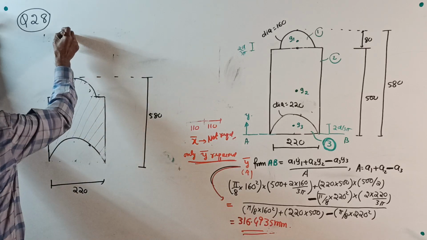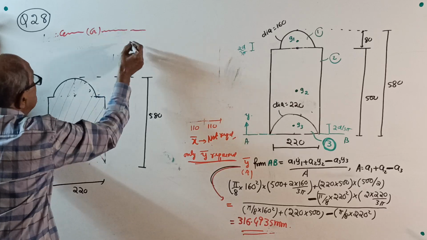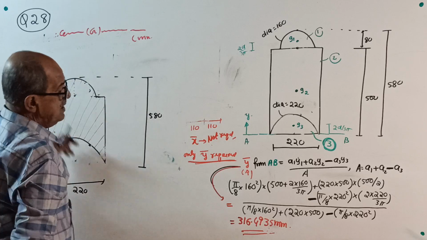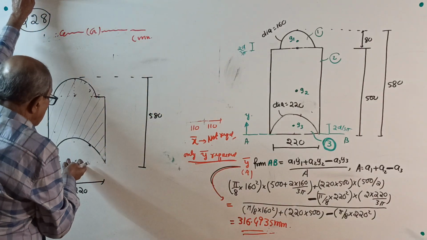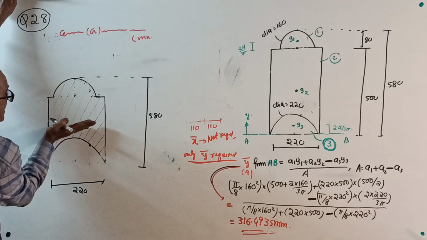Therefore, centroid G for the given lamina will be as shown below. All dimensions in millimeter. From the base you got y bar 316.4935. From here to the center of the rectangle is 500 by 250, so it will go slightly to the upper side.